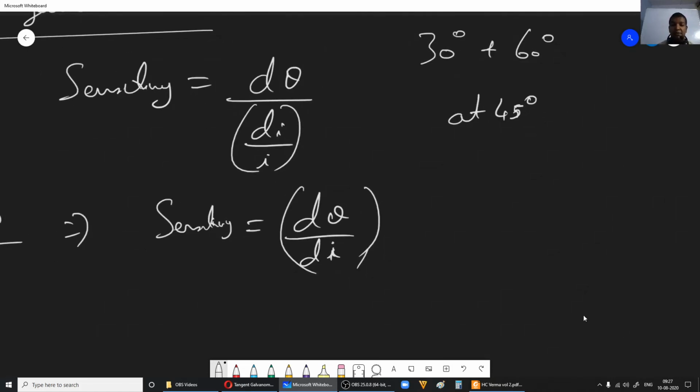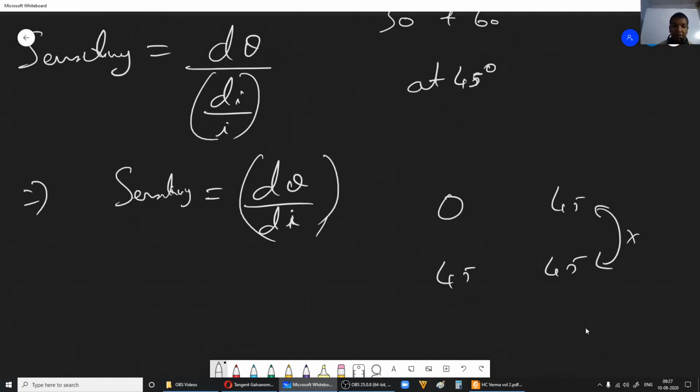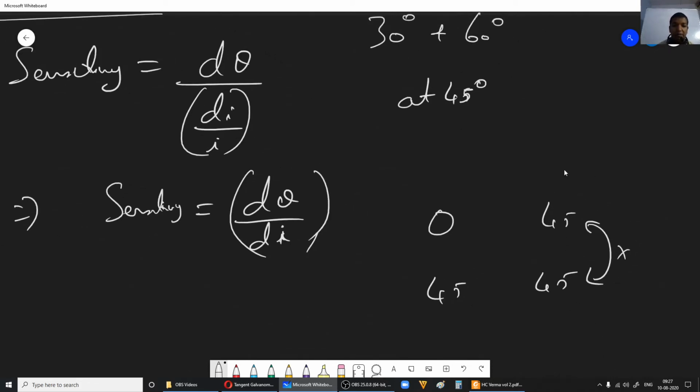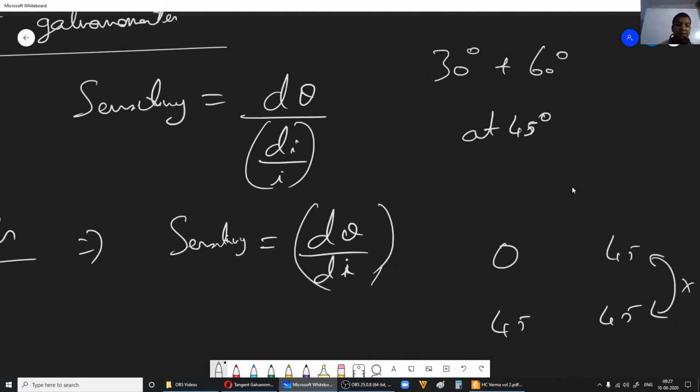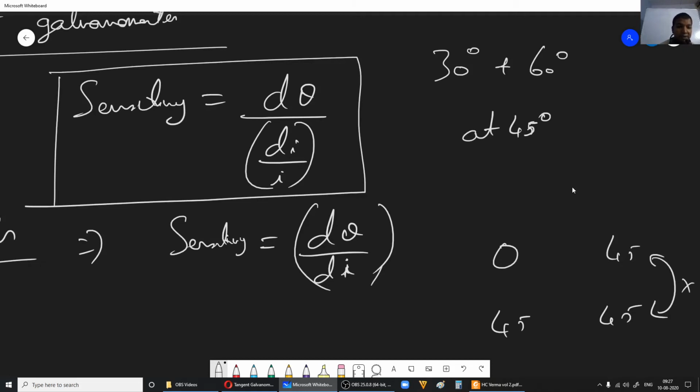When they give the options, they will avoid repeating the same values. So look for the options and see which will suit you better. As given in our standard reference books, we will go for this sensitivity for the tangent galvanometer.